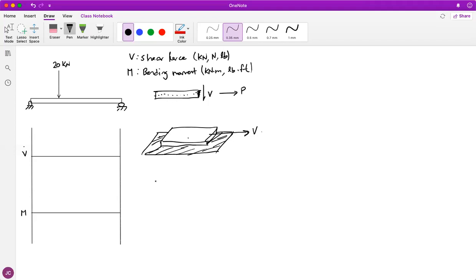Now the bending moment can be described by this. Take a bar or a beam or whatever. If you try to do this, maybe with two strong arms, you are trying to bend it. This is a bending moment.